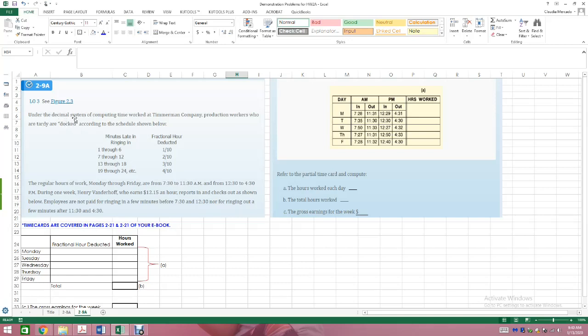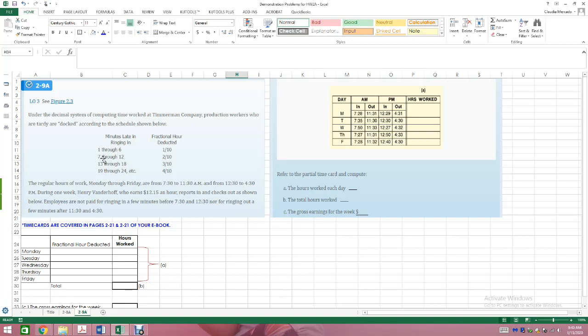It says, under the decimal system of computing time worked at Timberman Company, production workers who are tardy are docked according to the schedule shown below. Docked is basically another word for being penalized or deducted. If your employees ring in between 1 through 6 minutes late, they're going to get docked 1/10 of an hour.